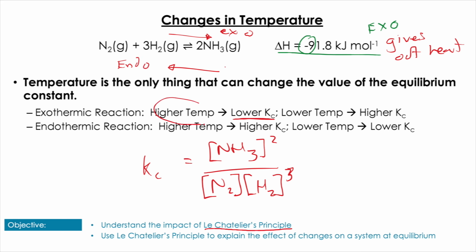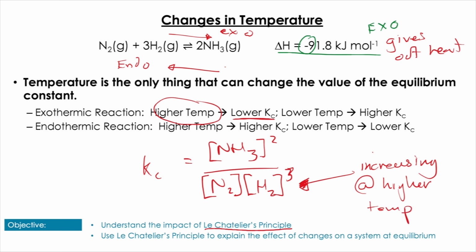So when we think about Le Chatelier's principle, if we increase the temperature, the reaction wants to decrease the temperature. So it will shift in the endothermic direction, and so therefore increasing the reactants for this reaction anyway at a higher temperature, because the reaction is going to go in the endothermic direction to reduce the temperature.